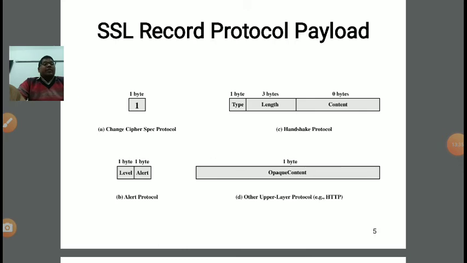Now the handshake protocol is responsible for the three-way communication between client and server. First the client authenticates the server, then the server authenticates the client, and the client again sends the acknowledgement of the acknowledgement received from the server. Clear? In this manner the handshake protocol is used in the SSL protocol stack.